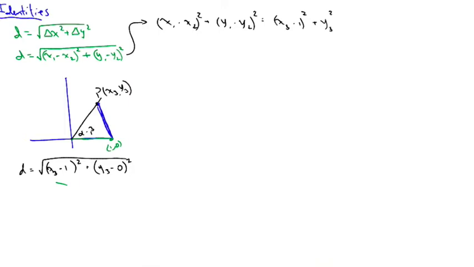Expand the first one out. What's x1 minus x2 all squared? x1 squared, minus some number.